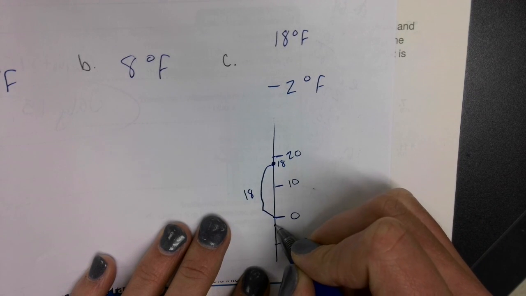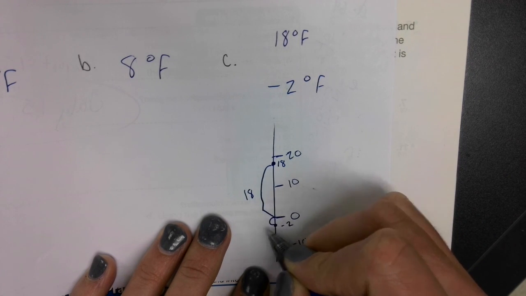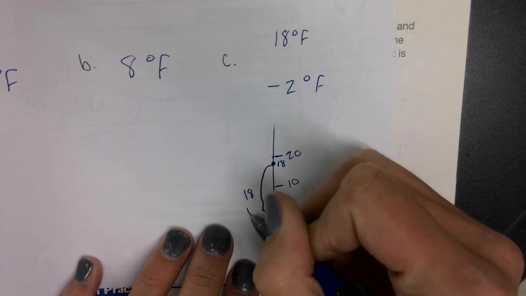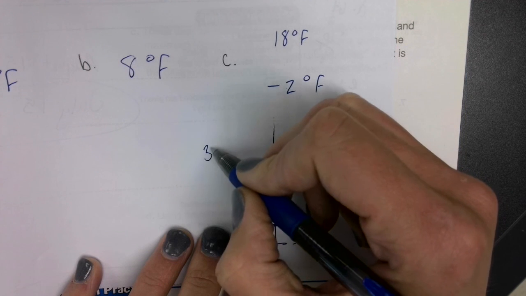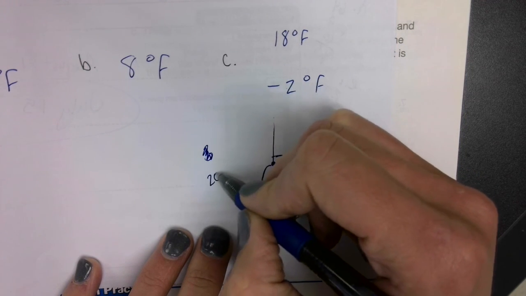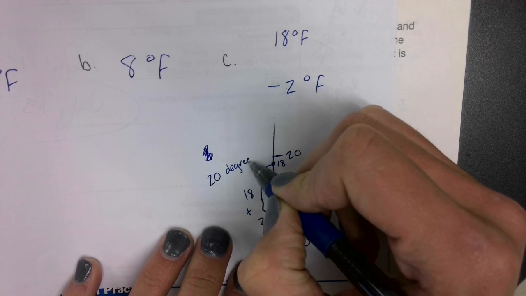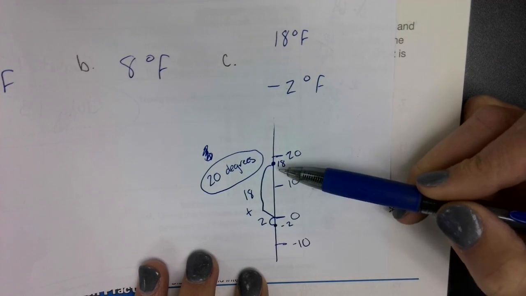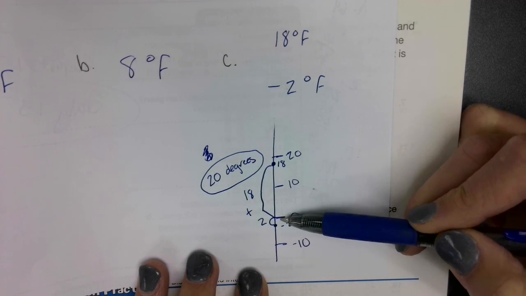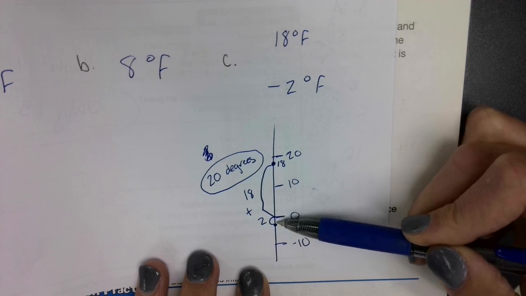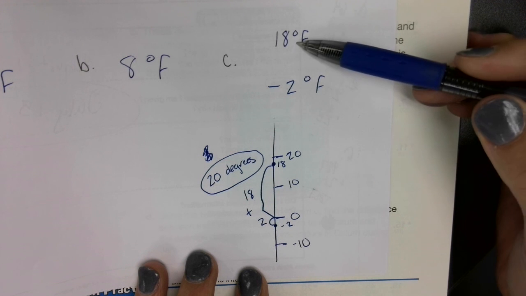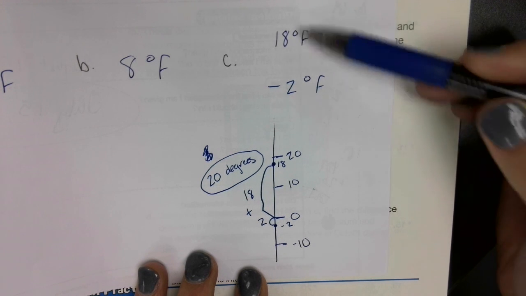And then from 0 down to negative 2 would be 2 more degrees, right? So if we add those together, those are 20 degrees apart. All right, so we get 20, because between 18 and 0, and then we add on those 2 more because we went all the way down to negative 2. So we are at 20 degrees difference between the high temperature and the low temperature of 18 and negative 2.